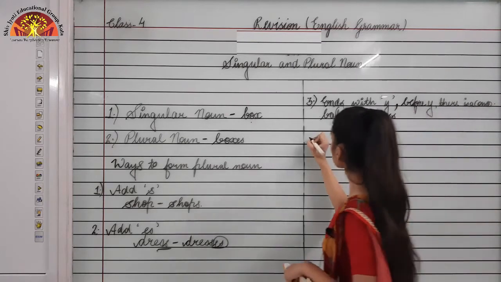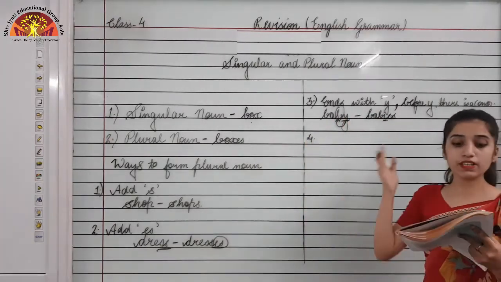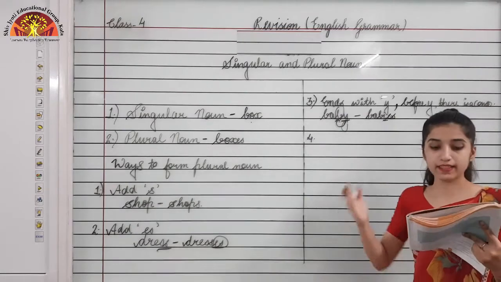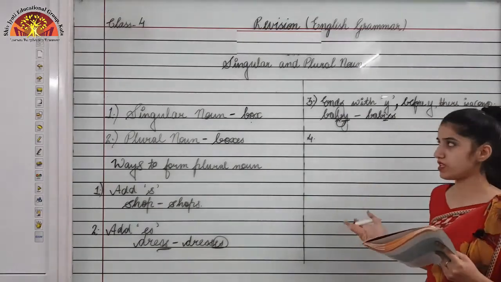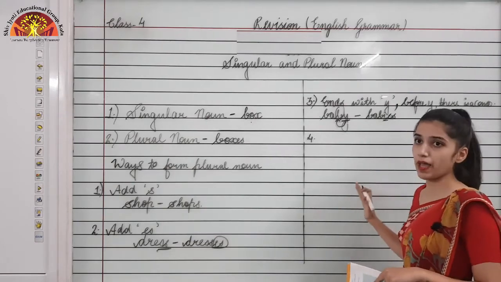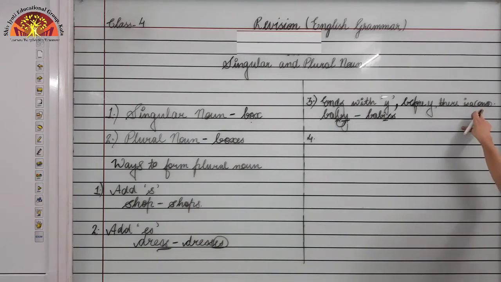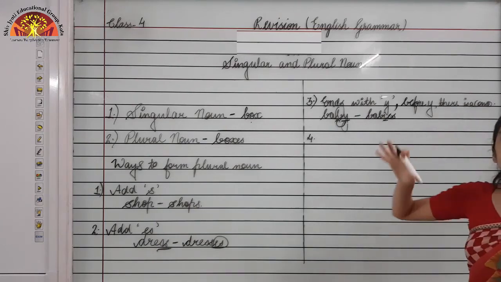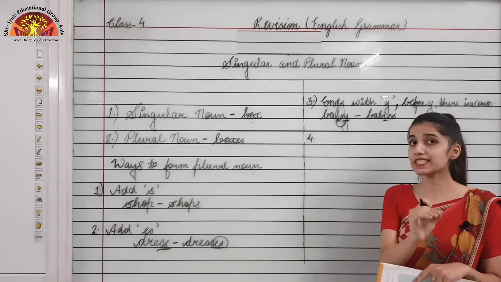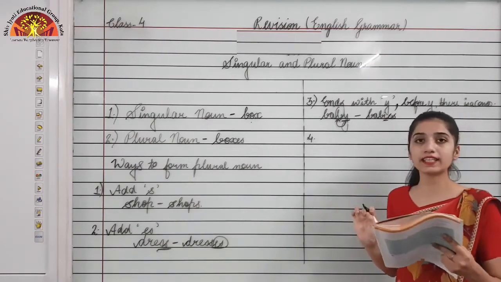Now moving to the fourth rule. What is the fourth rule? The fourth rule is, if the noun ends in y and the letter before y is a vowel. Now here also we are talking about y only, it's ending with y, but there is a difference. Here before y there was a consonant, but here before y there is a vowel. We just need to add s in the last. What do we need to add?